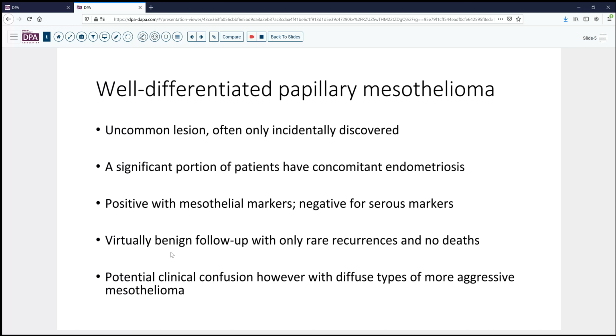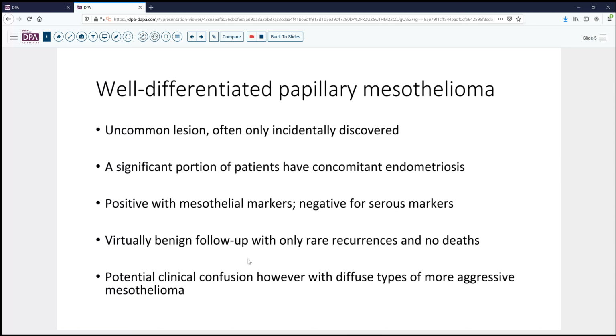And follow-up, at least of a fairly large series out of MD Anderson and other institutions, 20 plus patients, found one recurrence and no deaths over very lengthy follow-up periods. And even of note, the recurrence in that series was incidentally discovered when the patient had surgery for another disorder.